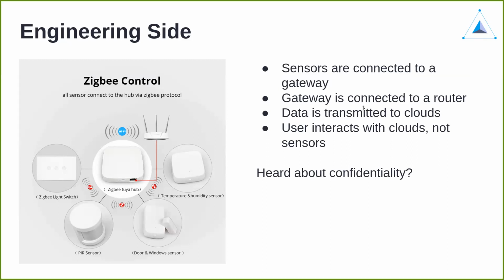So the typical schema is: sensors are connected to the gateway. The gateway is connected to a router, which provides an internet connection. Then all your data is transferred to a server. Also, you log into the app on your smartphone and it's connected to the same server. It means that you don't actually interact with your sensor, but rather interact with the cloud.